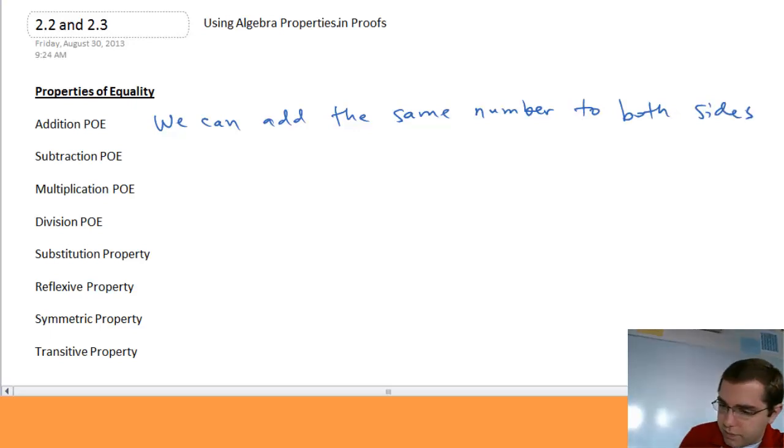So if A equals B, then A plus C equals B plus C.